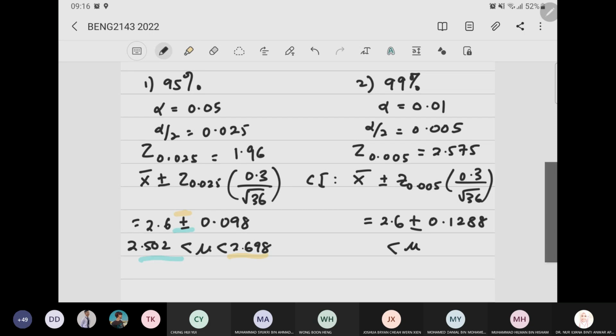So the confidence interval is 2.6 plus 0.1288, 2.7288, and 2.6 minus, 2.4712. Okay, how many of you get the same answer?